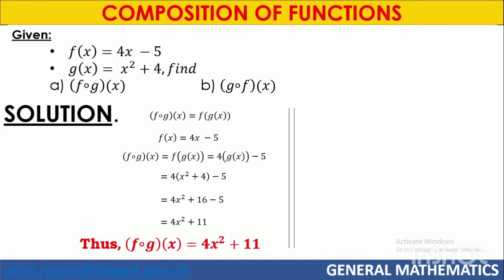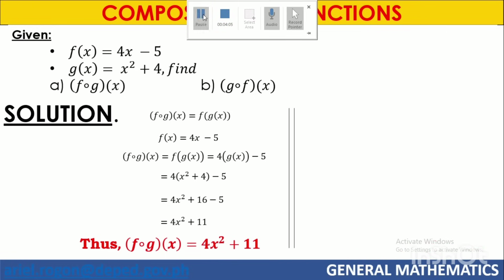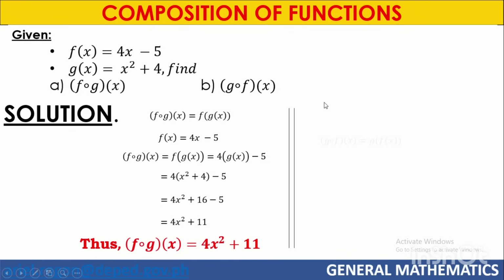Okay. Next is the g composition of f of x, which is equal to g of f of x. So ano naman yung papalitan natin? We replace x. So ito yung given function ng g of x, that is x squared plus 4.